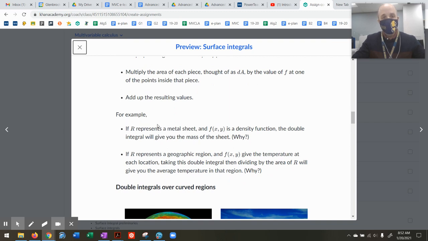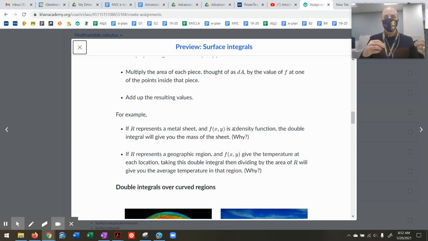For his examples, if R represents a metal sheet and f of x, y is a density function, the double integral will give you mass. Because you're taking density, what units is that in? Let me think. Density is mass per cubic centimeter or something, right?